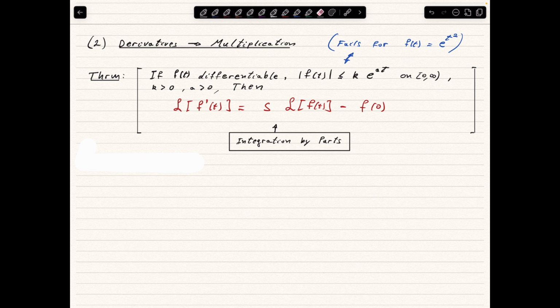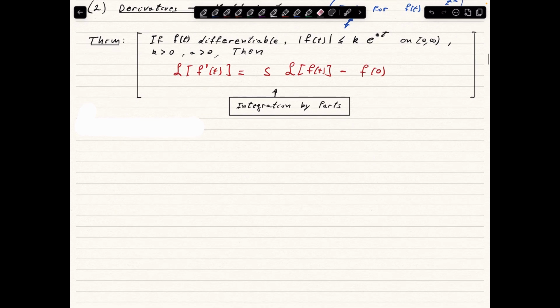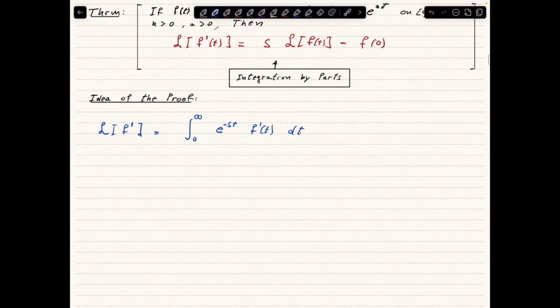And to do that, we need integration by parts. So what is the idea of the proof? We are going to do it pretty quick, but suppose we want to compute the Laplace transform of a derivative of a function. Okay, so we know what that is. That is the integral from 0 to infinity of exponential negative st, and then the derivative of the function dt. But of course, what we are going to do is integrate by parts.